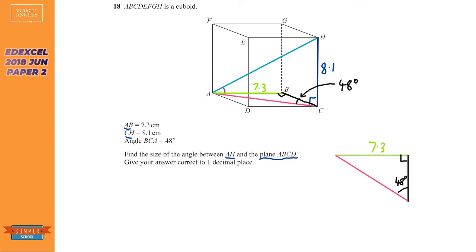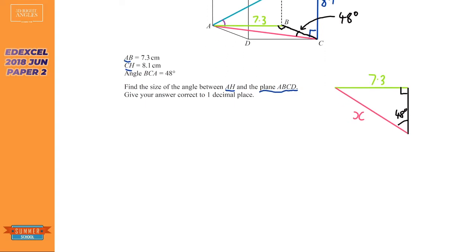We need to find length AC so that we can complete this question, which I'm going to call x for simplicity. We've got a right angle triangle with two lengths and an angle involved, one of the lengths being unknown, so we know we're going to be using trigonometry.